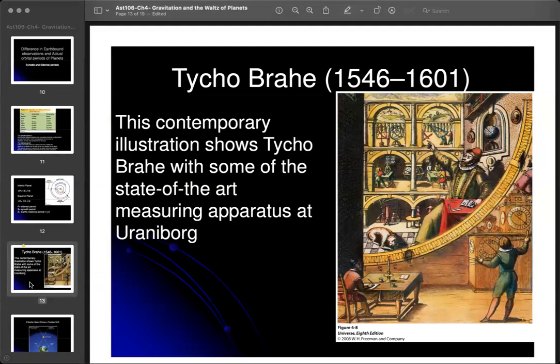Nowadays, we have these famous and very knowledgeable professors doing big research projects. He was a similar kind of person in his time, and he had his state-of-the-art measuring laboratory at Uraniborg, and he did very good, very accurate measurements.